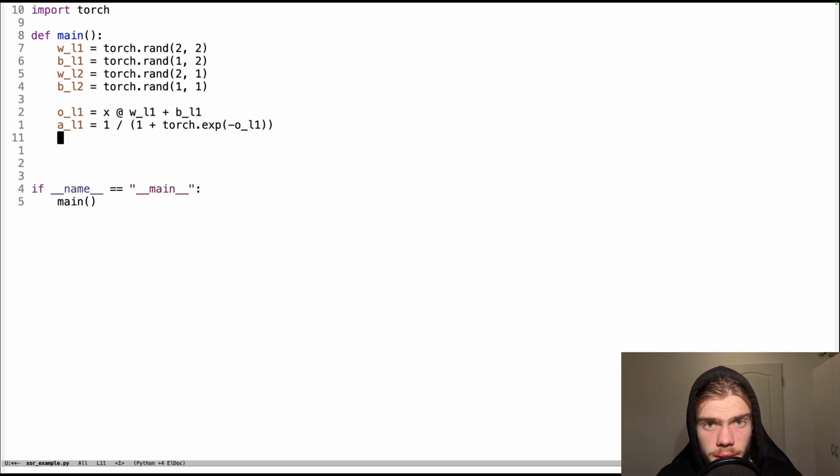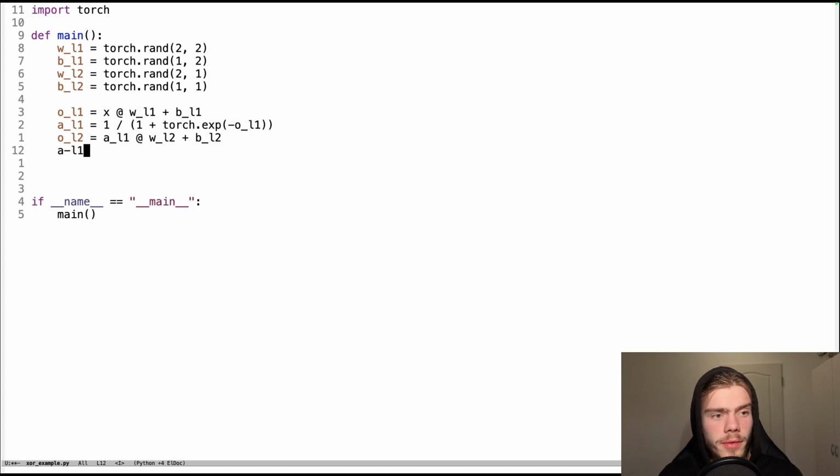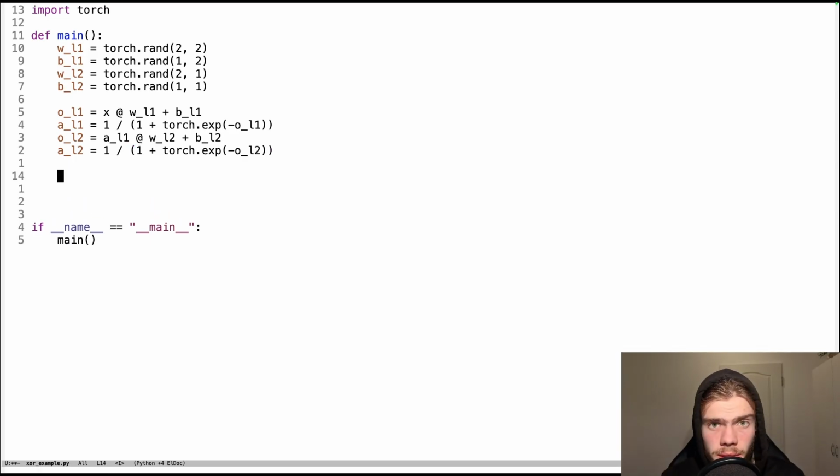Next up is the output of layer 2, and that is obviously equal to the activation of layer 1, matrix multiplied with the weights of layer 2 plus the bias of layer 2. And the activation subsequently is the sigmoid function of that output, that is 1 over 1 plus torch.exp of minus O layer 2. Okay, so this is the entire forward pass.